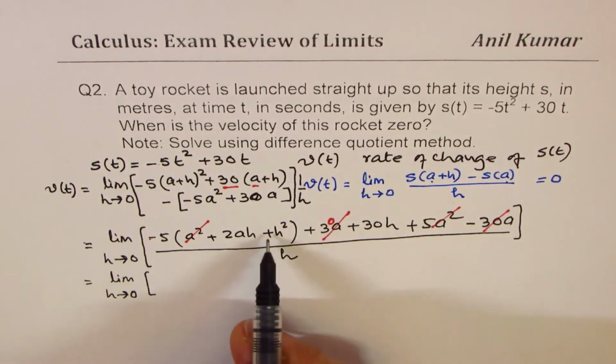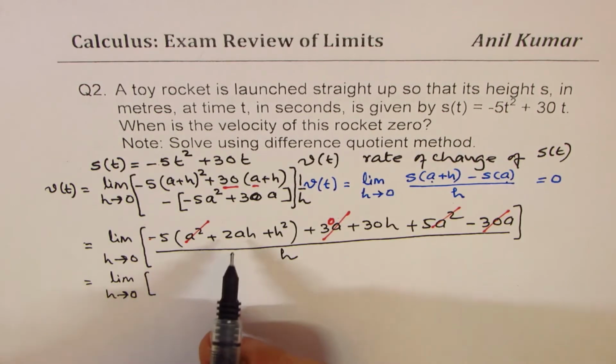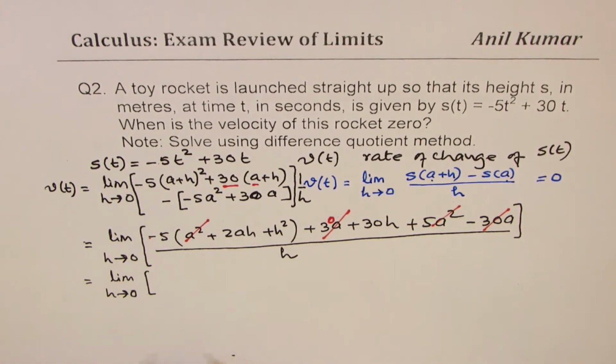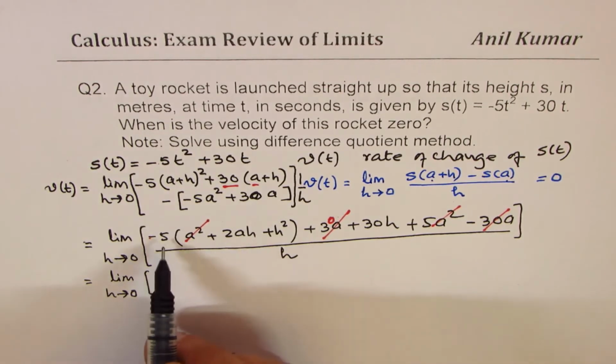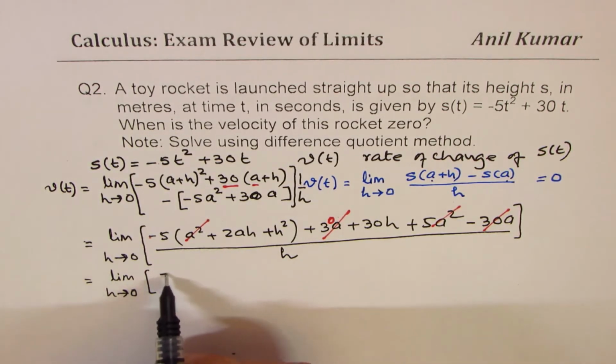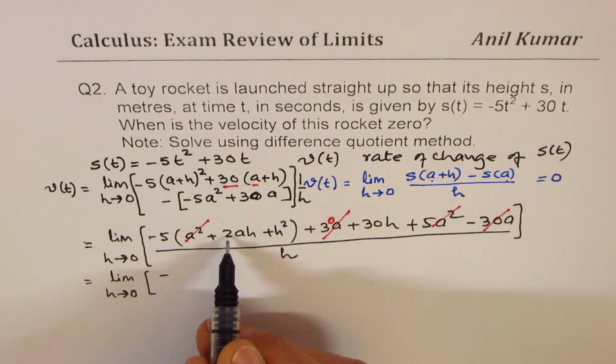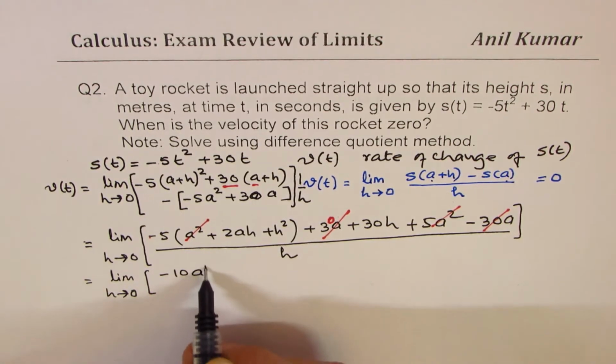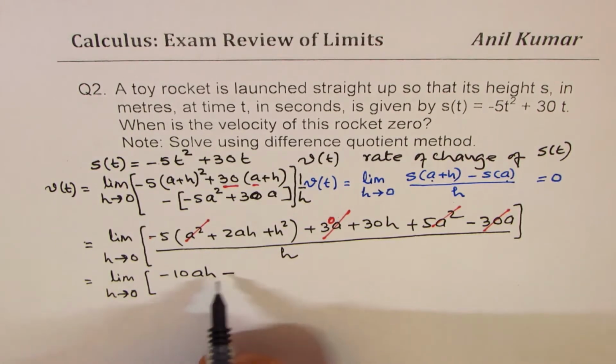So we can take h common. So we get what we get. We'll open the bracket and take h common. Okay. So we get minus 5 times 2, which is 10ah. We'll do it in 2 steps.